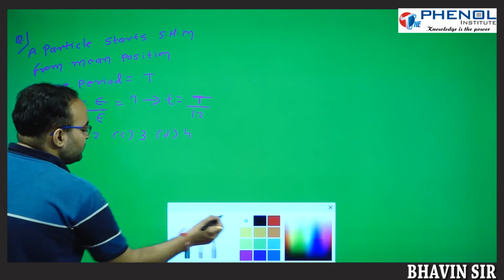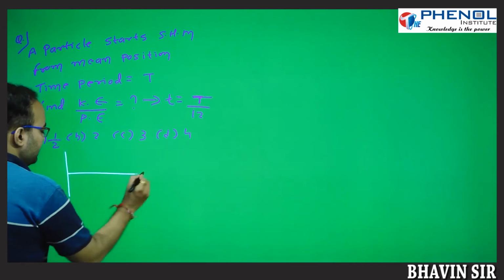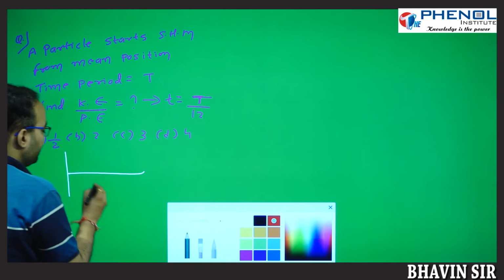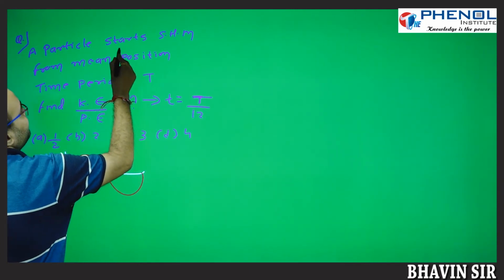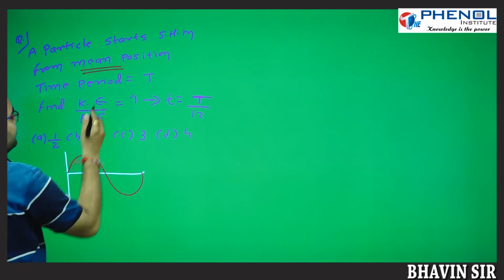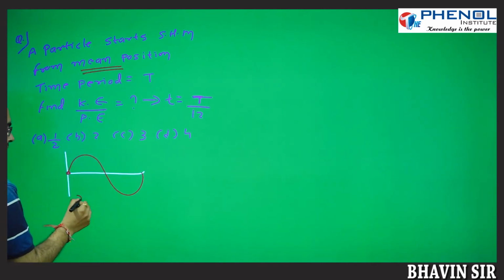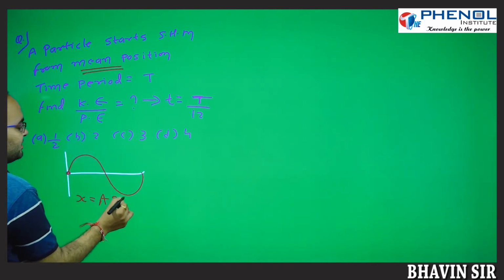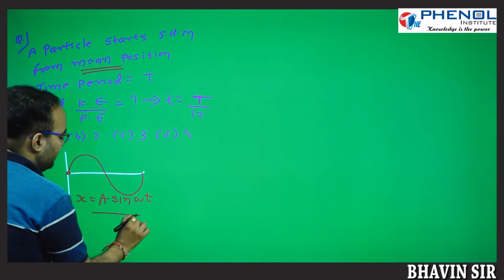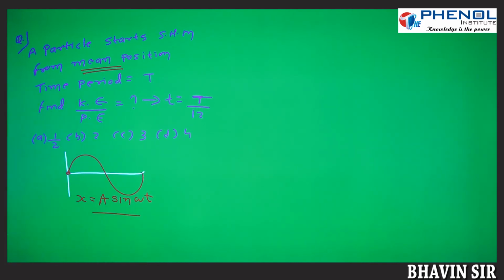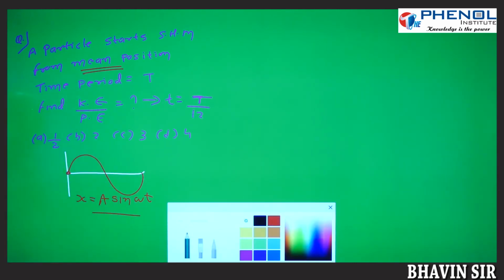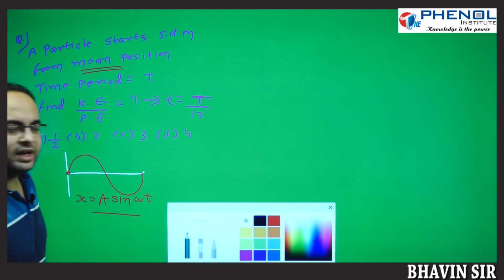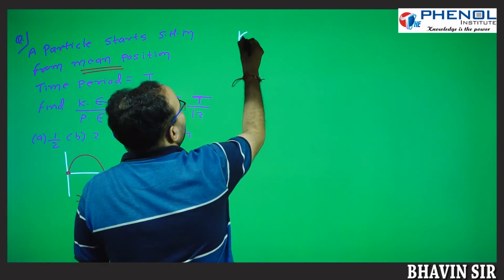So again, students, here the particle starts SHM from mean position. So again here we take x equal to A sin omega t, right? Now we want to find the ratio of kinetic and potential energy.